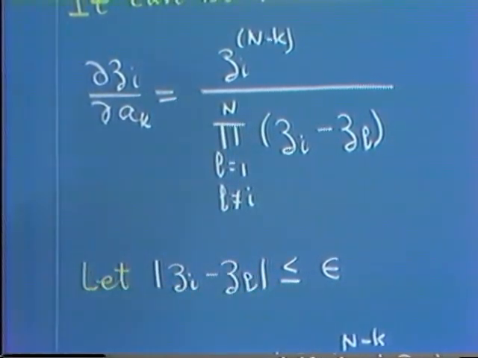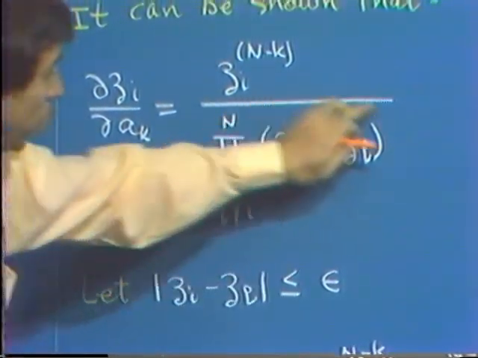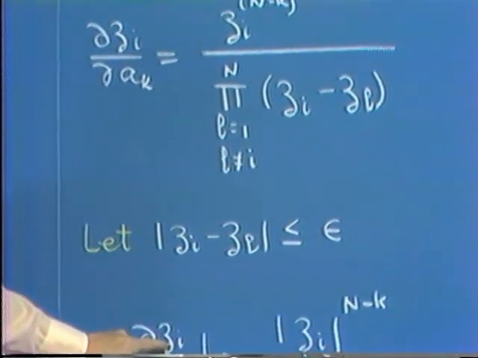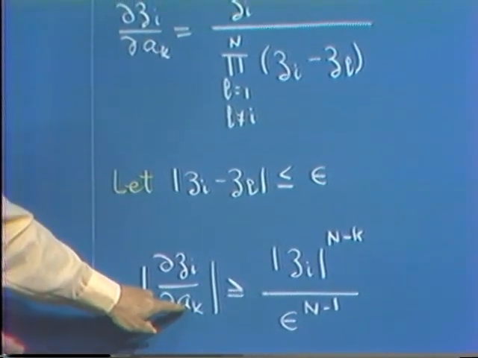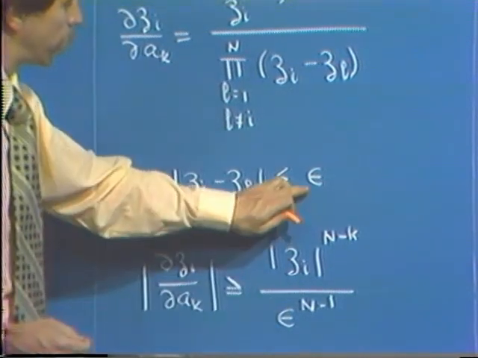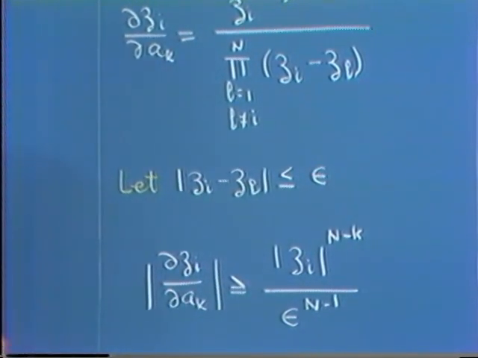What that says then is that when we substitute that in for this expression, the absolute value of the change in the pole location with respect to a change in the coefficient has in the denominator epsilon raised to the nth power. Well, what does that mean?